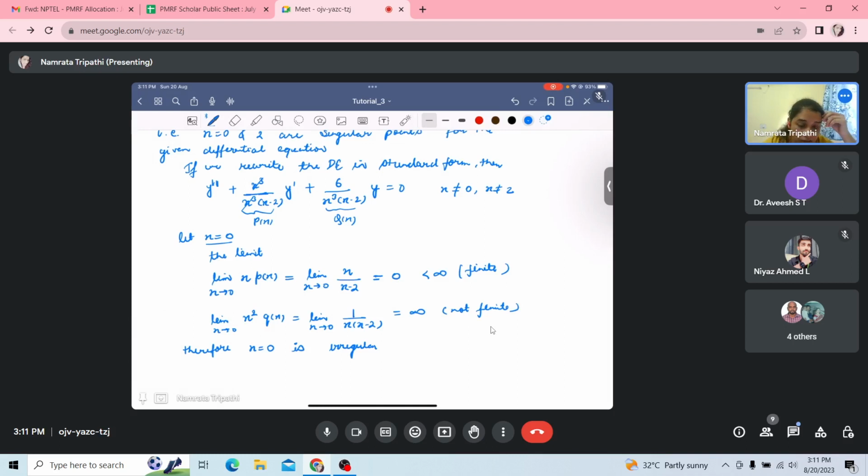The motivation is that we have to check the limiting value near this point. For analyticity, we have to check the limit near the given point. For example, here we take x equals 0 to check whether p(x) and q(x) are both analytic in the neighborhood of x equals 0. Are you getting it? For avoiding negative powers in the polynomial, ma'am.